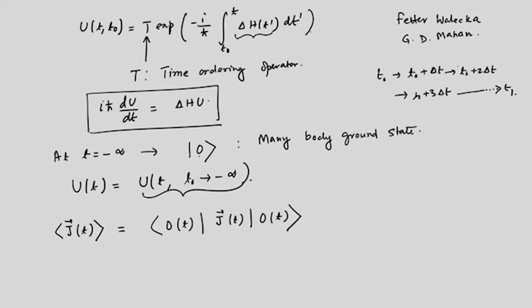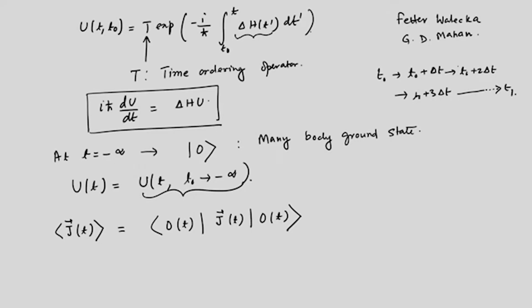This 0 is at t equal to minus infinity, but that many body ground state would evolve with time. That is why we have written 0 of t, and there is an intrinsic assumption of perturbation theory, that you still have the ground state to be a valid description of the system.